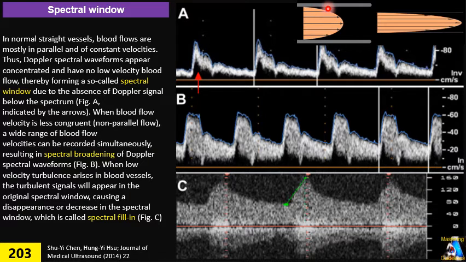When we move to the wall, the velocity drops, and at the center, based on our sample volume size, the blood velocity is almost even, equal and homogeneous.